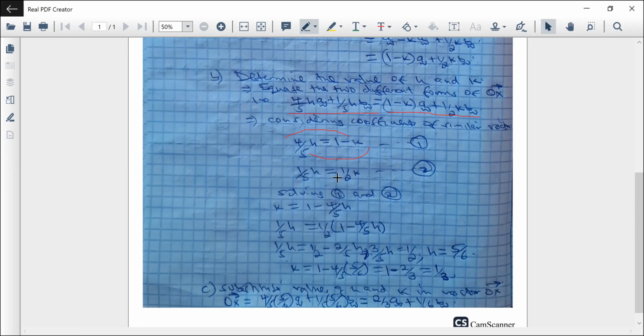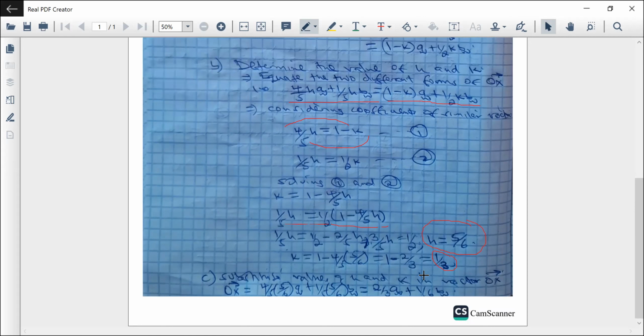Now, using equation 2, I substitute where there is K, I put 1 minus 4 over 5 H. That is what I've done here. When you solve, you get H is 5 over 6. But we said that K is equivalent to 1 minus 4 over 5 H. So I replace and get K is 1 over 3. My K is a third.